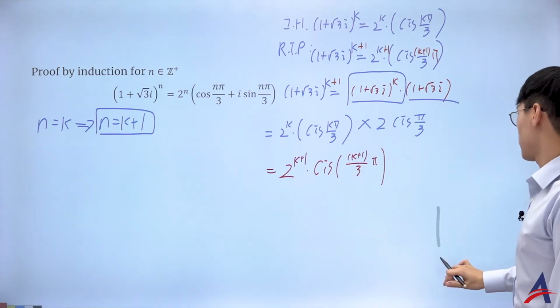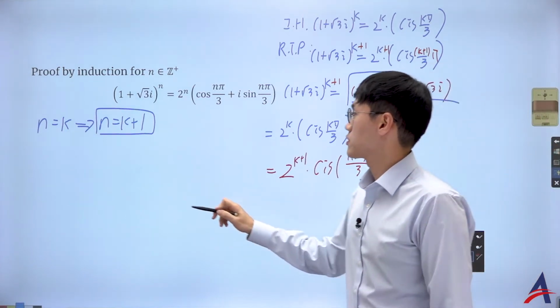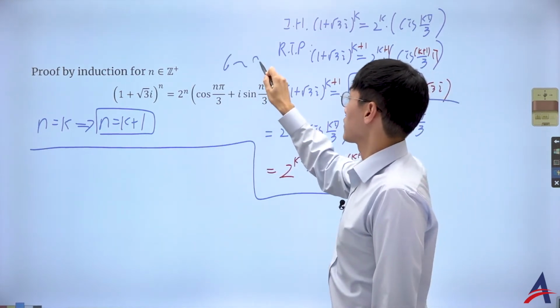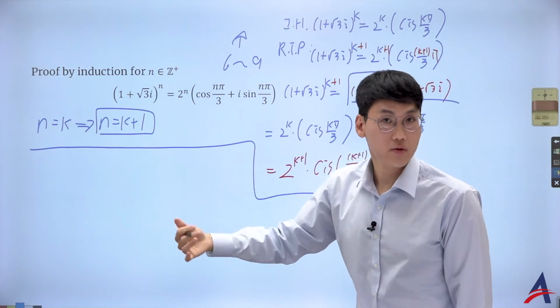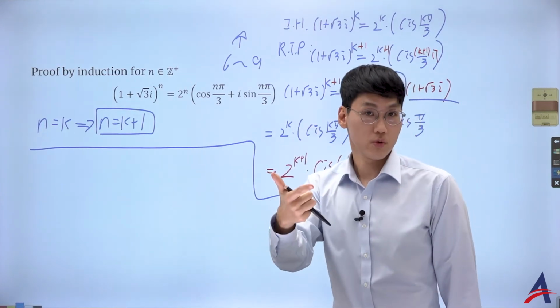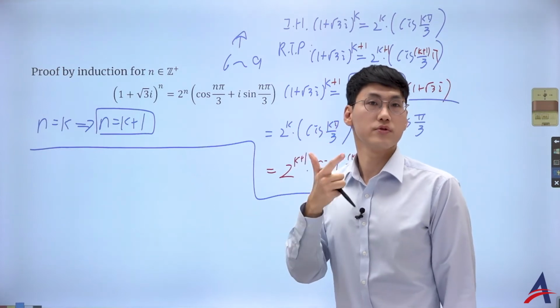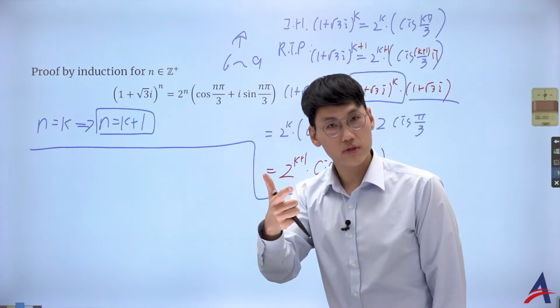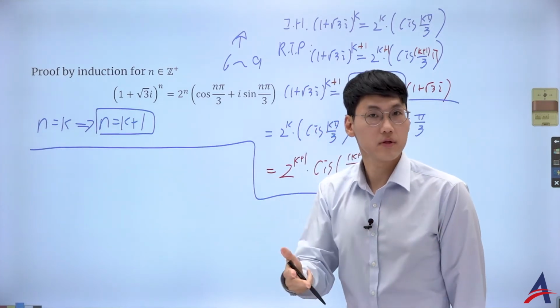Okay, but here's the thing, for the induction, do not forget to comment on the conclusion. Induction is typically from 6 to 9 marks, but this is always categorized into 3 different fields. Whether you can show the basic step, whether you can show that if we assume the induction hypothesis to be true, the result to prove is also true, and the third stage is all about the conclusion.